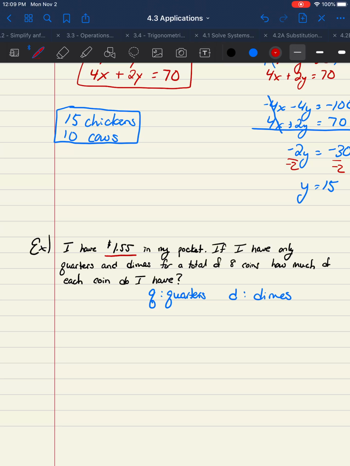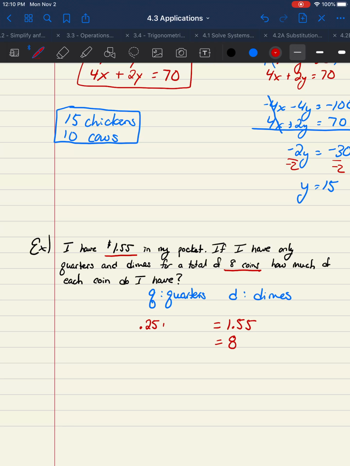Now, look at what I'm given. I'm being told a total money and a total number of coins. So those are going to be part of my equations. Total money, total coins. So let's start with the money one. I'm dealing with dimes and quarters. Together, I have $1.55. Think about them separately.